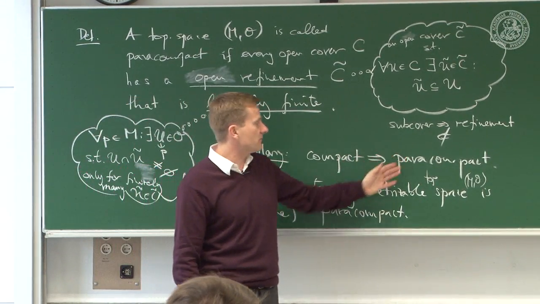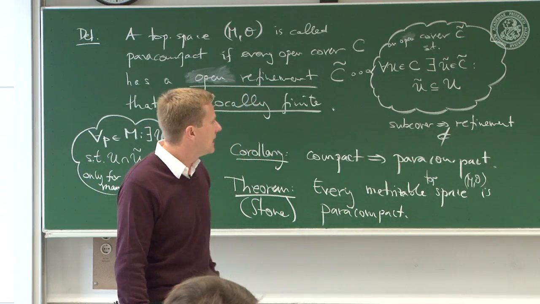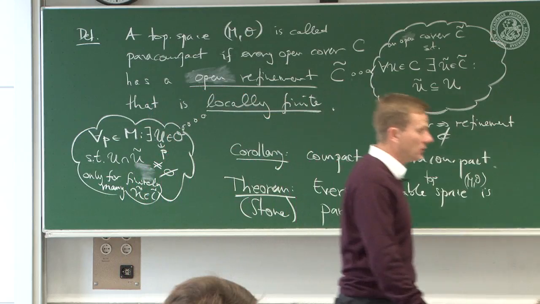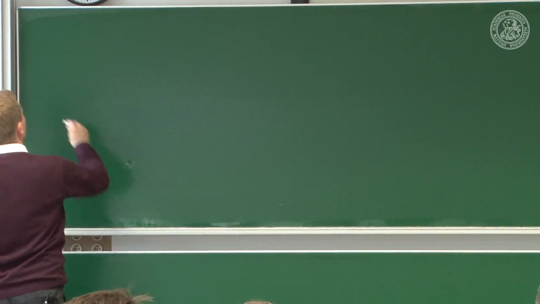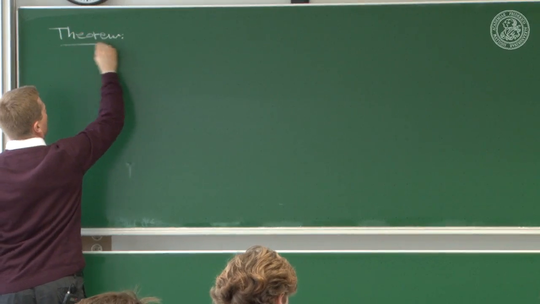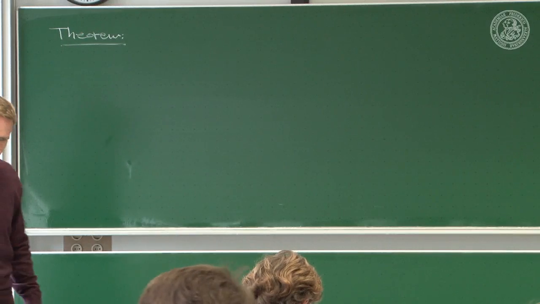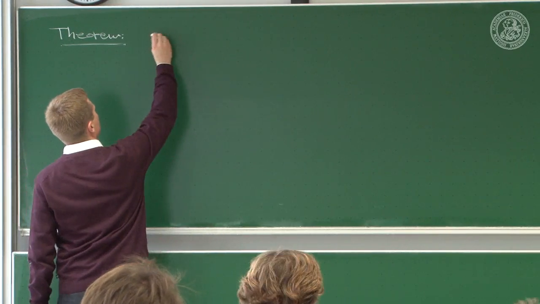This necessary and sufficient criterion is sometimes taken to be even the definition of paracompactness and will play an important role in manifold theory. So this criterion I'm talking about is the following theorem. And it's not valid for every paracompact space, only for Hausdorff paracompact spaces.